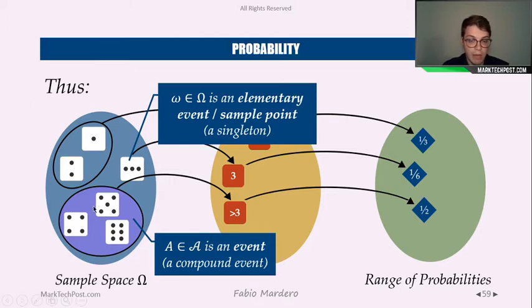More complex events could be created. For example, here the greater than 3 becomes the dice faces 4, 5, and 6. This is a compound event because it requires a lot of singletons. It's a union of singletons.